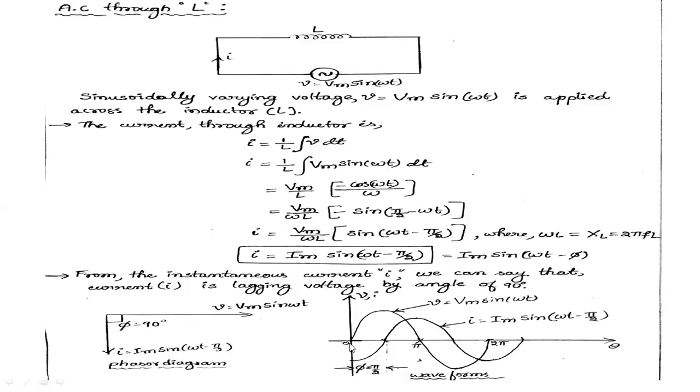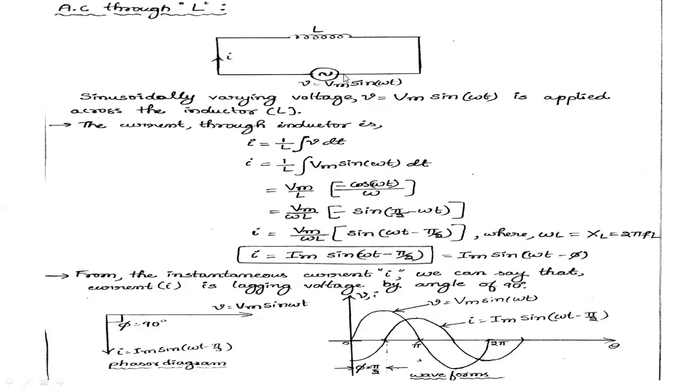Then draw the waveform: the voltage V equals Vm sin omega t starts at 0 at the origin, going 0 to pi to 2 pi, and the current wave lags the voltage by 90 degrees, I equals Im sin omega t minus pi by 2.